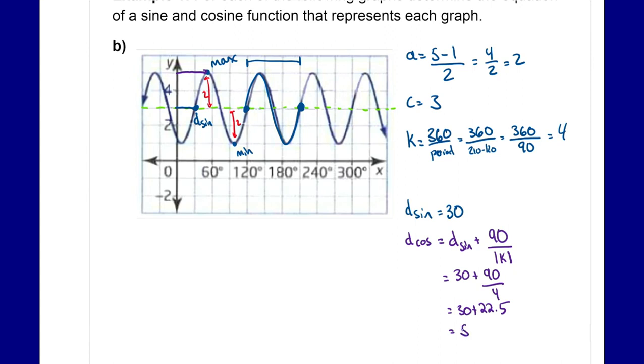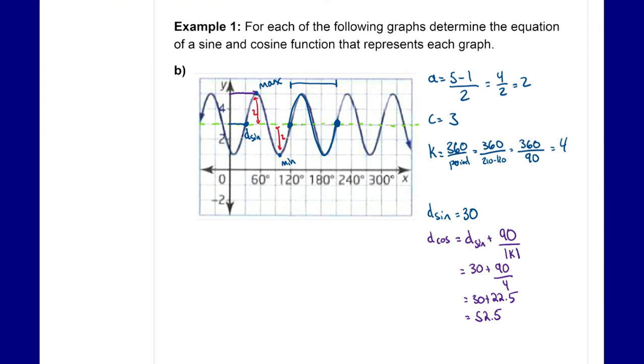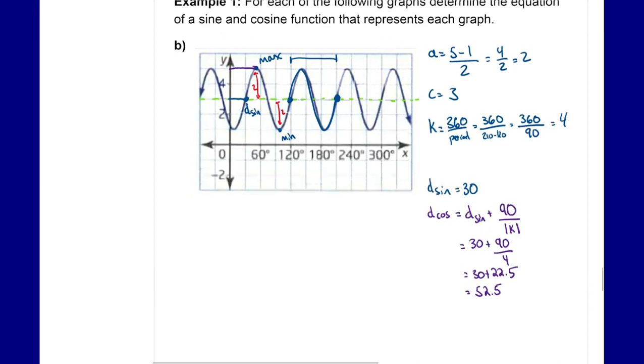So I get a d value for cosine of 52.5, which, again, is not something that you would have been able to get just by looking at the function. So again, you might have to remember this portion here. Actually, I'll do a little summary part at the end. So you might have to remember that portion if you can't easily determine the sine or the cosine d value.